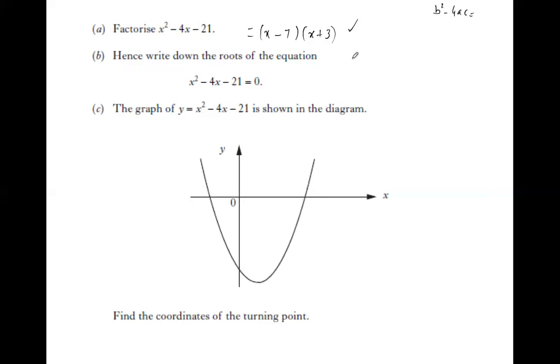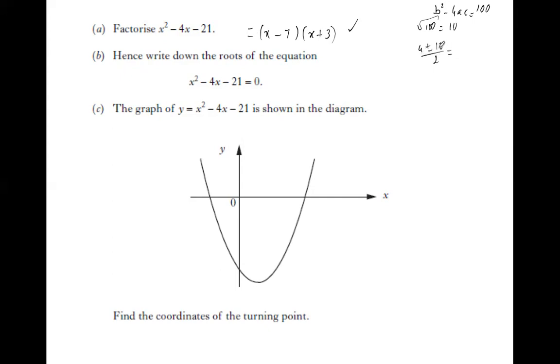And that'd be 16 minus 4 times negative 21, and you get 100. So then you know what root 100 is. Root 100 is 10. You've got minus b, which is 4, plus and minus 10, divided by 2. And that should give you your two answers.